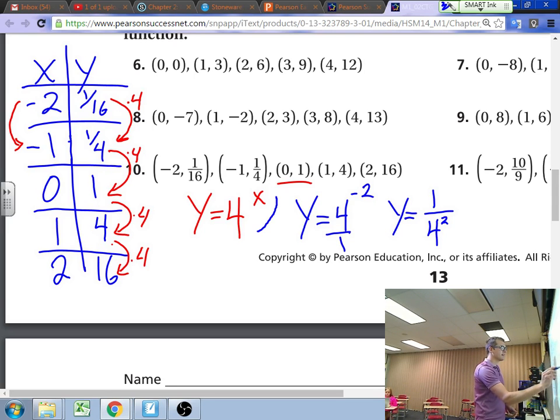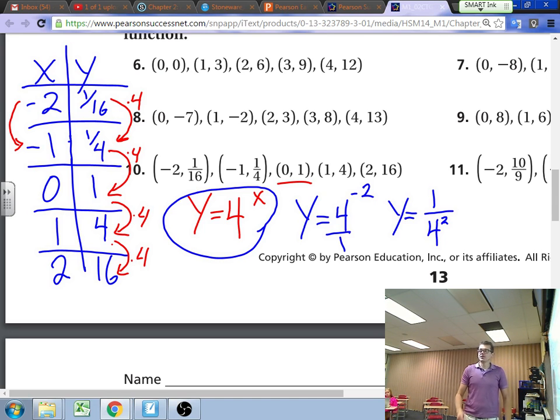So this is my equation for that relationship. Even when you can see a relationship times 4, the other way you can do times 4 is using 4 to a power. Because we saw that this was times 4, that's what indicates that 4 is the base in this equation. Does that kind of make sense? Yes. Every time we move by an x, I need another power of 4 or another multiple of 4.